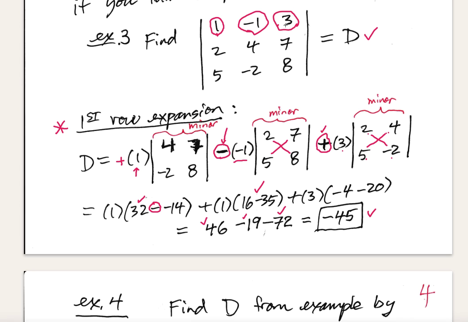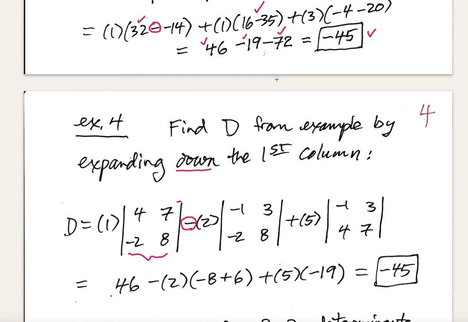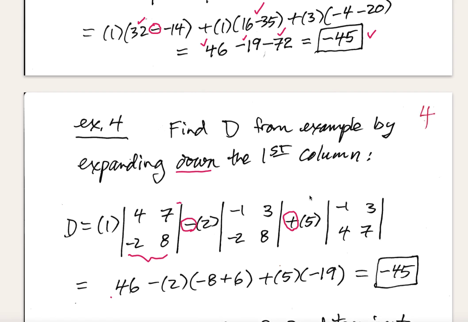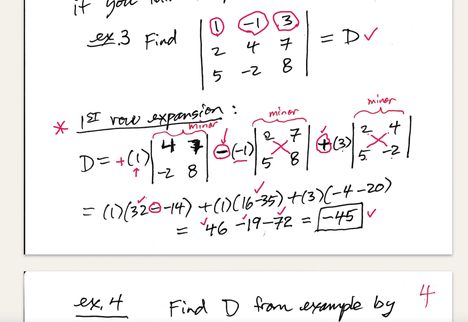We'd have negative 1, 3, negative 2, 8. Now the pattern on the pluses and minuses, we're going to plus. Okay, plus 5 times, because that's the last element here. I guess I should have rewrote this so I don't have to scroll back and forth. Sorry. But we're coming down here to 5.